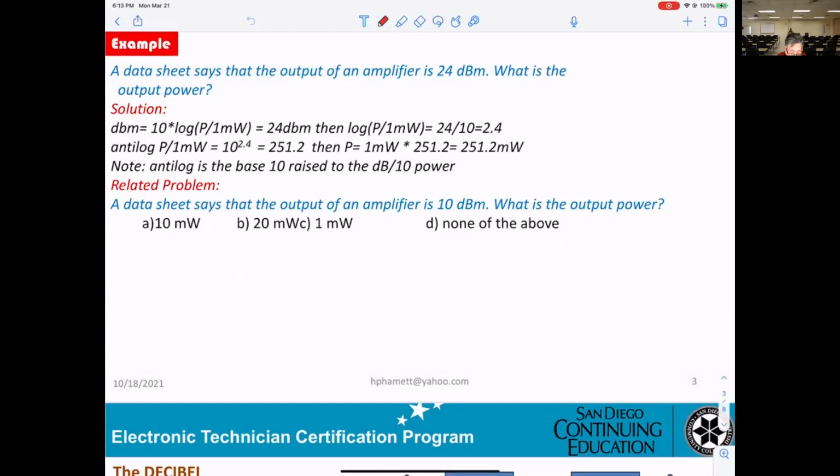Okay, someone got A. I need someone else to tell me so we can go. Make sure you're able to get the answer: 10 or 20 or 1 or none of the above. A student let me know the answer will be A. Is it right? That is correct.